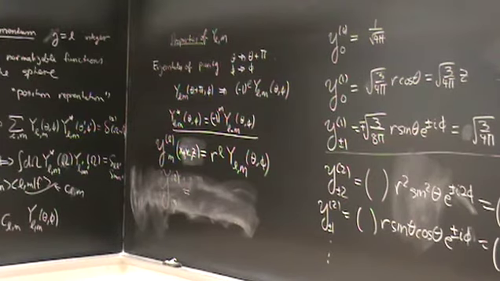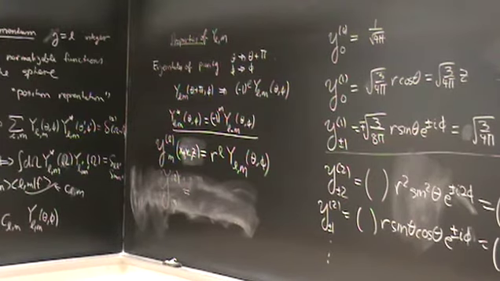Now, because of this, what we can see here is that we can write this in a Hamiltonian in terms of an effective potential for a given value of L. Right?